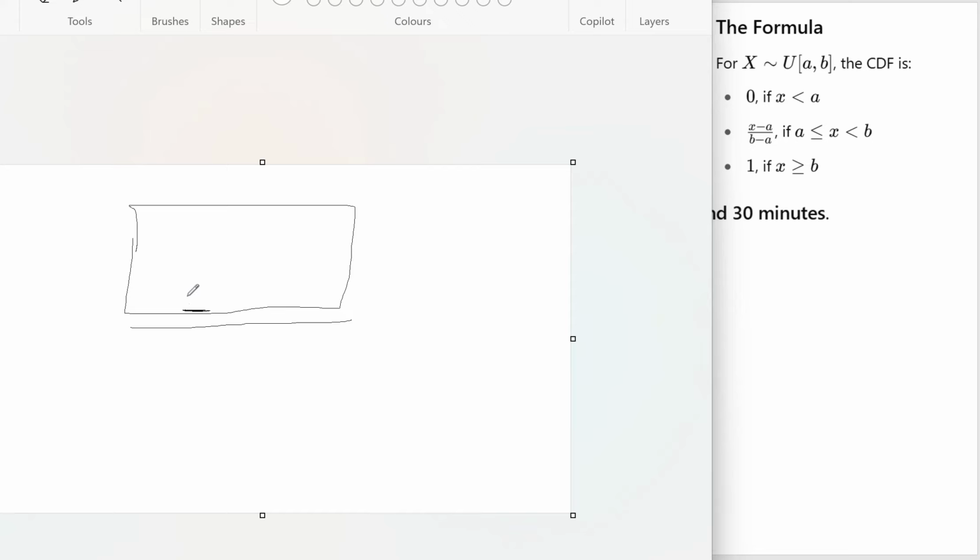So what we are doing, if this is A and this is B, and this is 40 and this is 20, the formula really says that B minus A divided by total 40 minus 20.